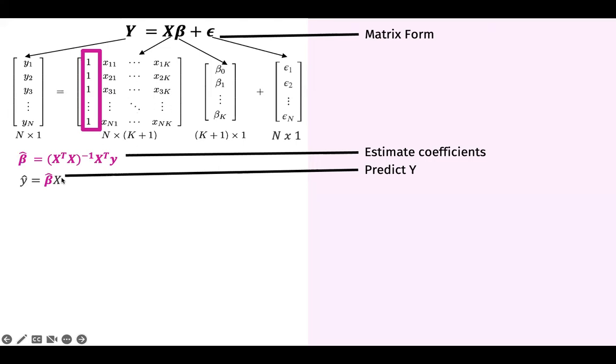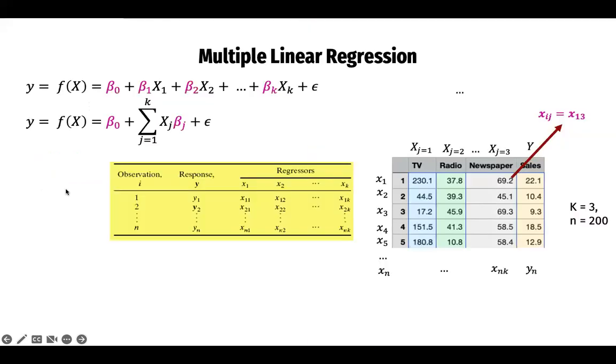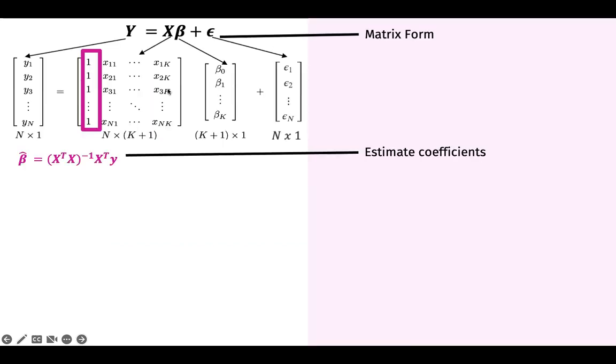All right, so it is essentially the same as the previous formula, wherein we take the weighted sum of the weights beta and X. Okay, and this is just a matrix representation. So this beta was taken from this formula.